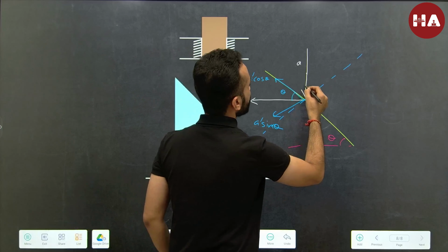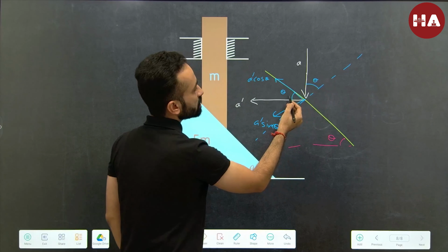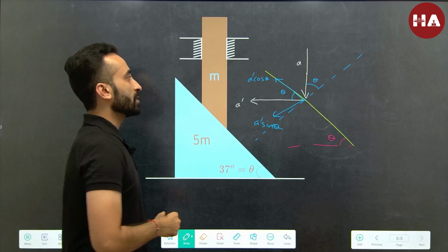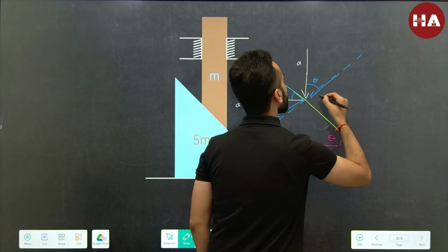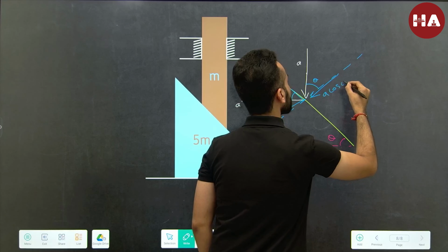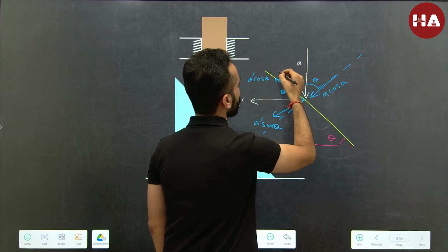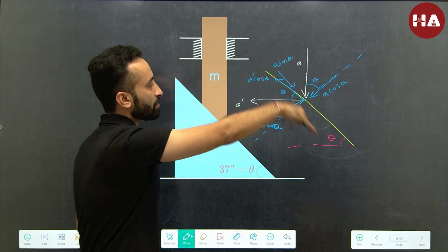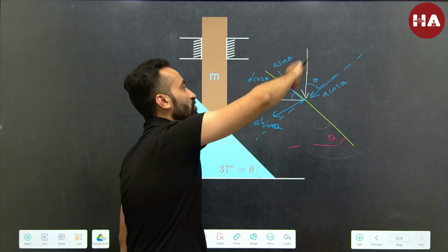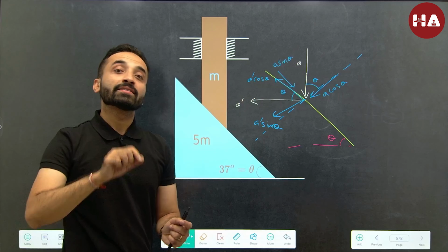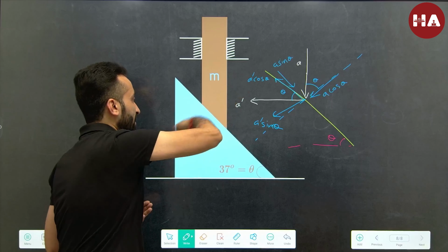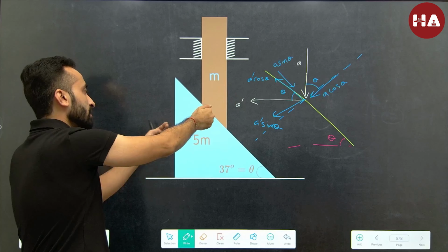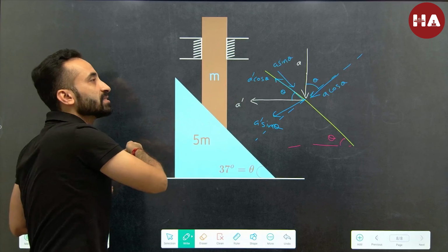Similarly, this is going to be theta because this is theta, this is 90 minus theta, and this is theta. So the component of a is going to be a cos theta and the other component is a sin theta. I'm not very interested in these parallel components, just the perpendicular components. Since it cannot penetrate into this, however it moves towards this, the other has to respond and move by the same amount.